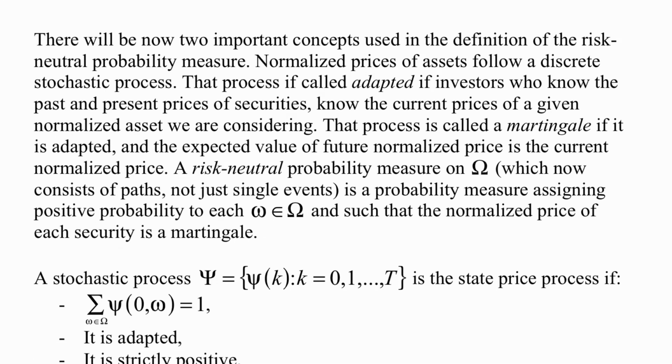There will now be two important concepts used in the definition of the risk-neutral probability measure. Normalized prices of assets follow a discrete stochastic process. Normalized means that they're divided by the accumulation of a risk-free asset investment of 1 up to the point at which you calculate the price.